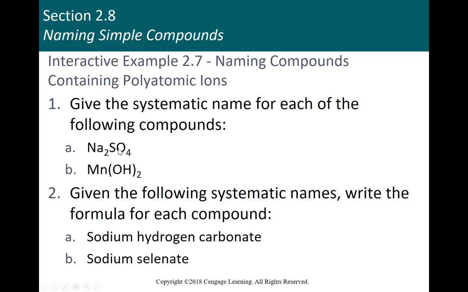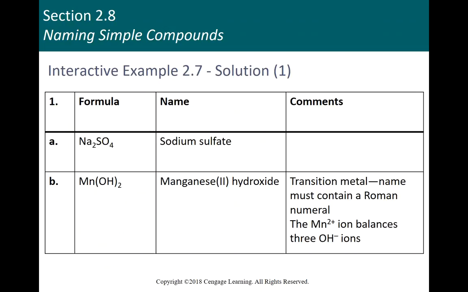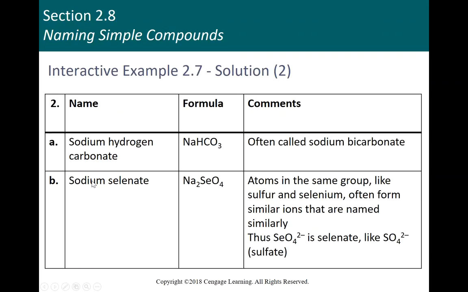If the cation has more than one charge, then you have to indicate what the charge is with the Roman numeral. So the second example, that manganese compound, is manganese(II) hydroxide, because hydroxide has a -1 charge as a whole. There are 2 of them, a total of -2, which means this half of the compound needs to be a +2.